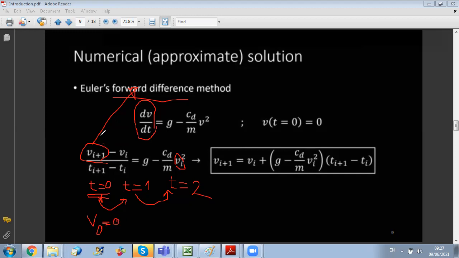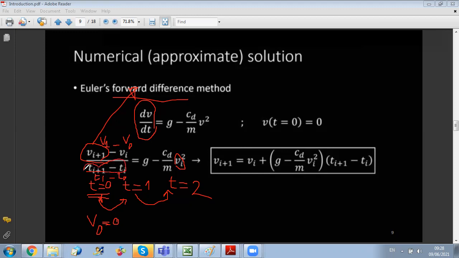Then when you want to compute v at 1 second, you say v1 minus v0 over t1 minus t0. In general, we take a certain constant time step. And if you choose to take delta t equal to 1, so delta t here will always be 1 second.